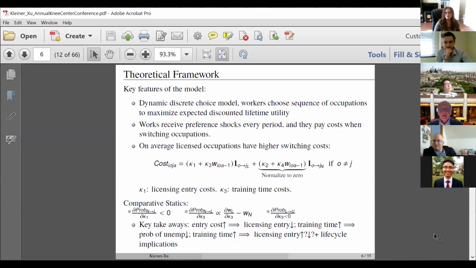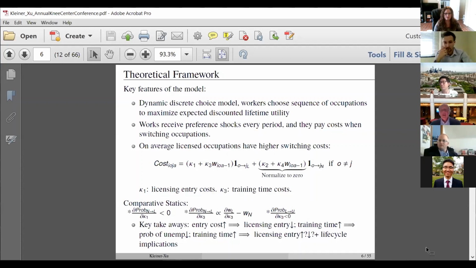As a result, that's a positive in terms of entering an occupation. Training time goes up, and all these are ambiguous in terms of whether you would find an increase or decrease in entering a licensed occupation, especially over the life cycle. So are you likely to see different transitions moving into a licensed occupation early in your career relative to later in your career, given that there are entry costs to licensing and additional training costs?